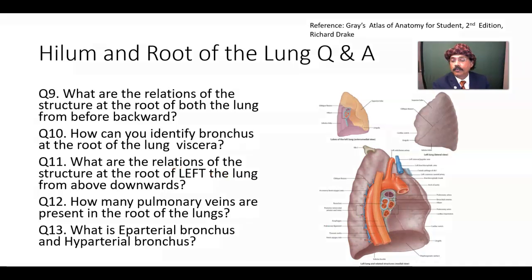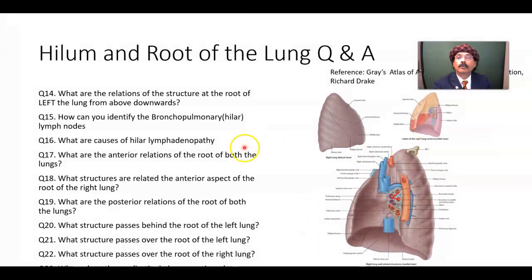If we learn the relationship from above downward in the right lung, we have the eparterial bronchus or right superior lobar bronchus, then the pulmonary artery, then the hyparterial bronchus, and then the pulmonary vein.